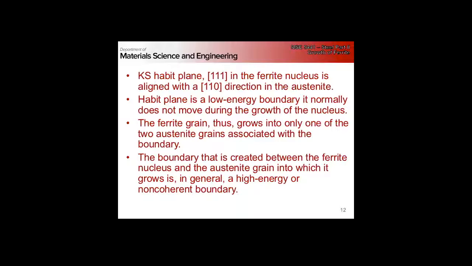So that means the ferrite grain is then going to grow into only one of the austenite grains, right? And then the boundary that is created between the ferrite nucleus and this austenite grain is going to be a general high angle incoherent boundary, right? It has lots of mobility, right?